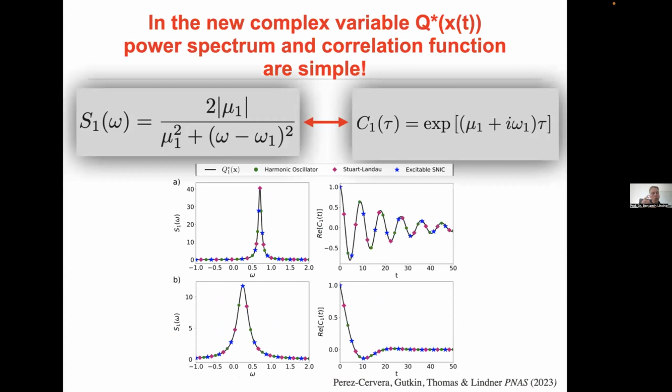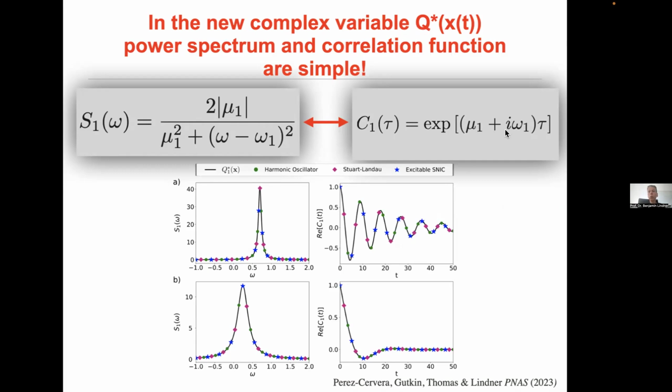say for the power spectra or the autocorrelation function in this new variable, you make this mapping, you stick your nonlinear, your trajectory x of t, you stick it into this nonlinear function, you map it to this complex pointer, and then you calculate the autocorrelation function for this pointer variable, or you calculate the power spectrum for the pointer variable, and you find that this is completely expressed by this eigenvalue lambda 1.